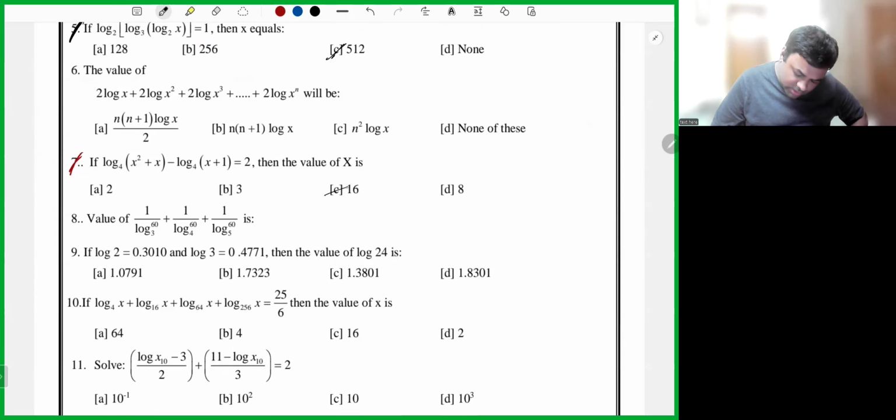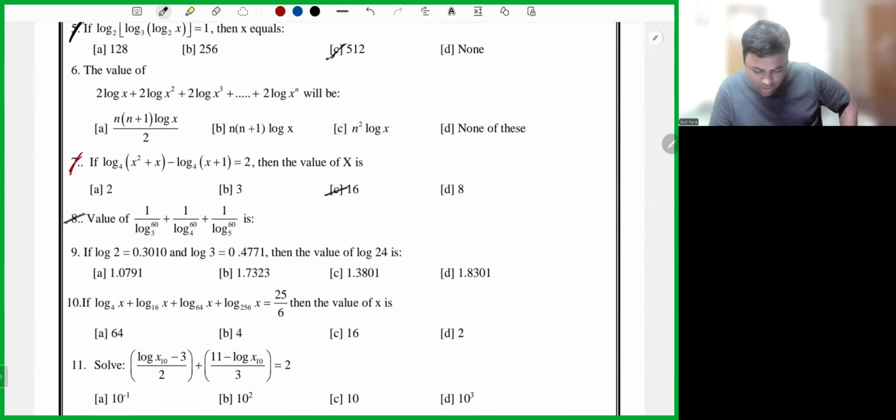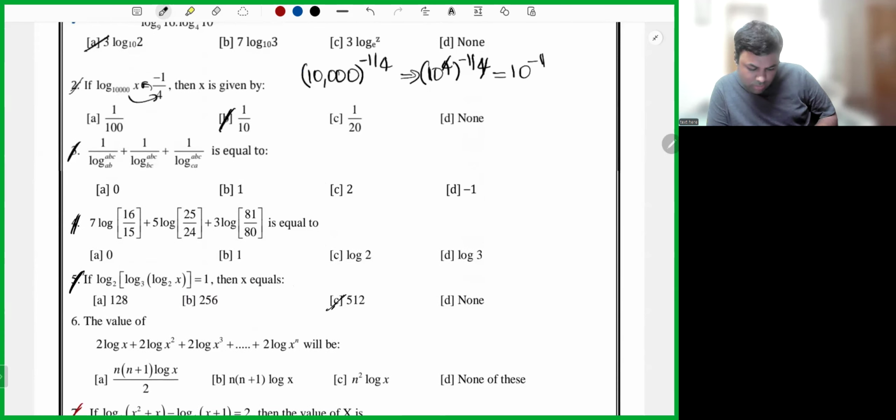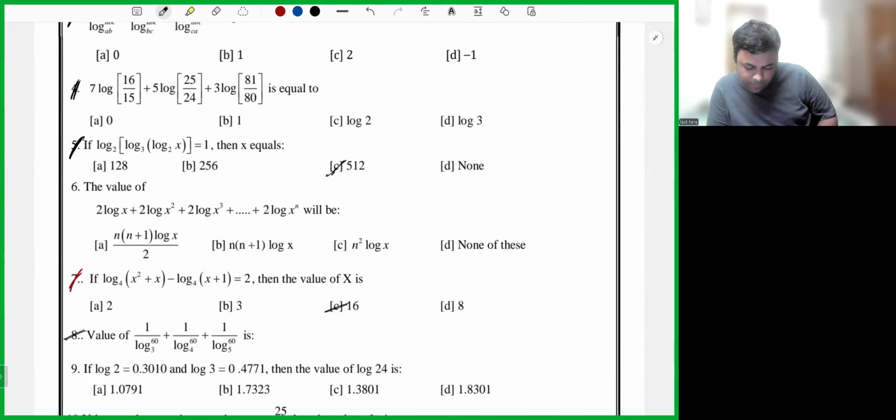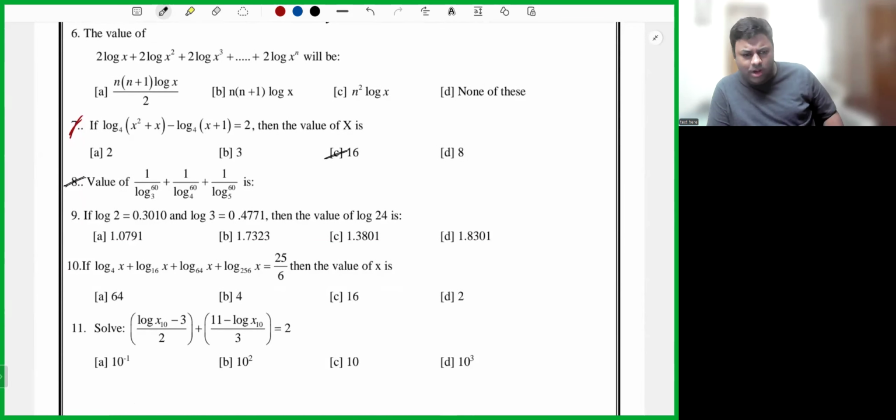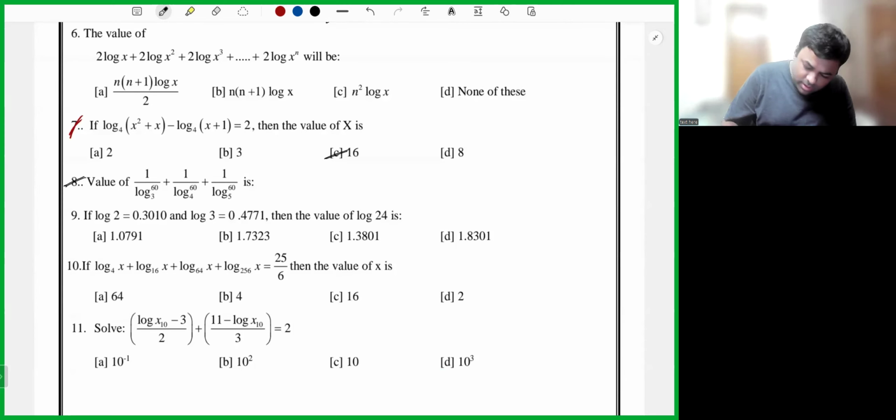Next, question number 8. What is there over here? It is similar to question number 3. This is base shifting property, my dear friends. 1 by log 60 to the base 3 is given. How will I write it? I'll write log 3 to the base 60 plus log 4 to the base 60 plus log 5 to the base 60.